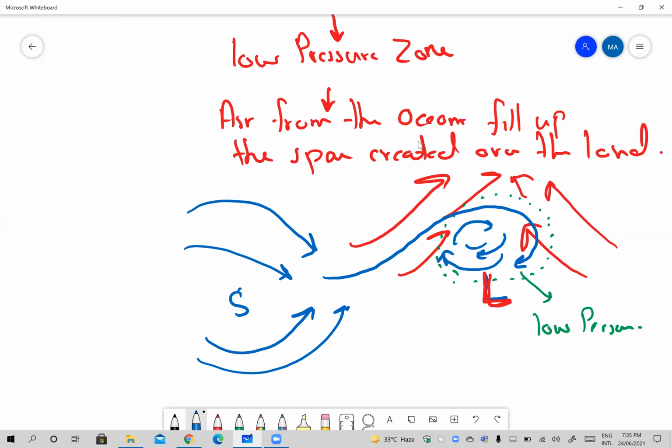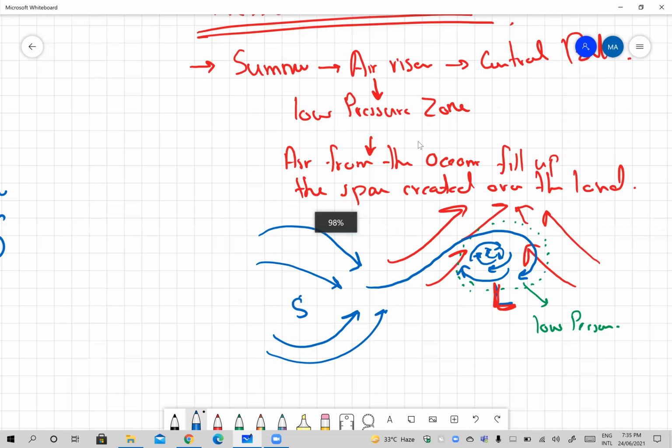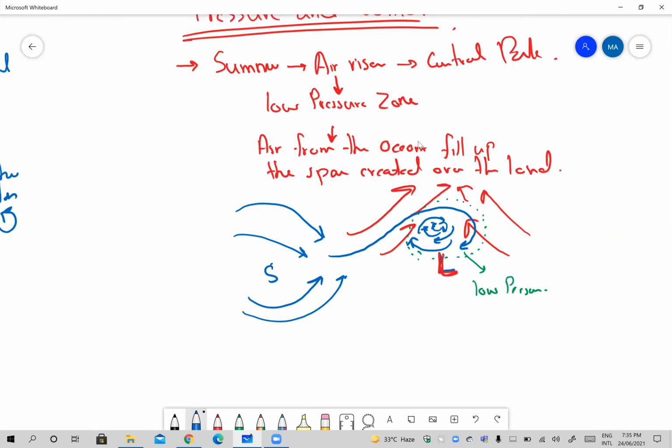So this is how the space is filled with this cooler air, and obviously this wind brings rainfall as well. This is how the winds generally travel from one place to the other because of the difference in pressures, and this is how they carry rainfall as well.